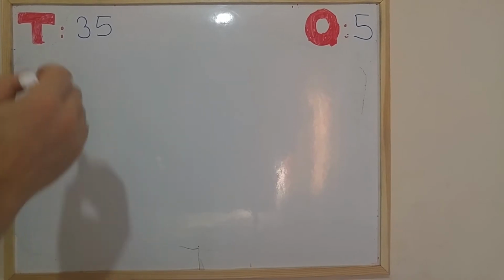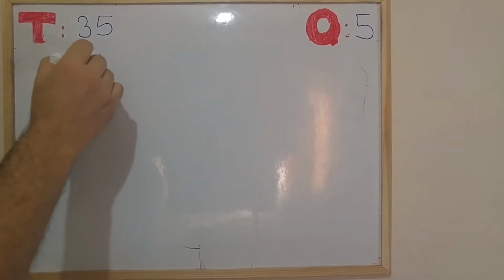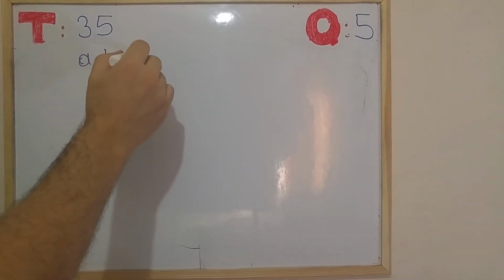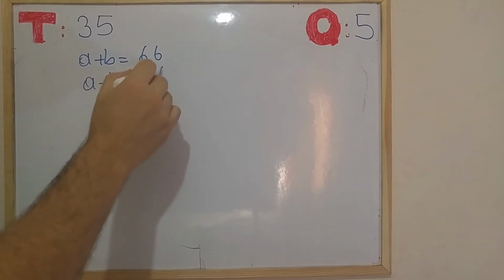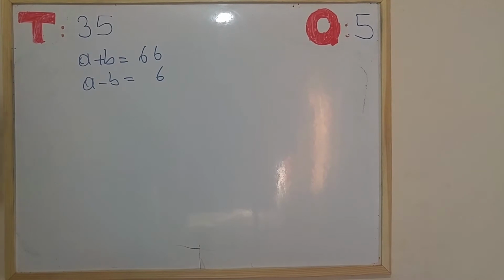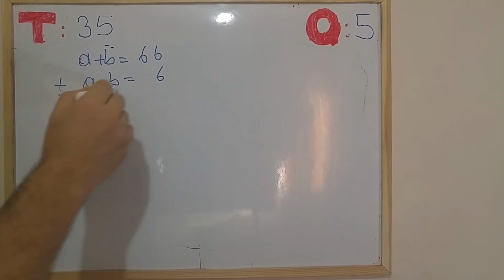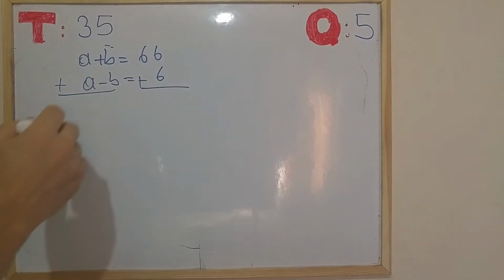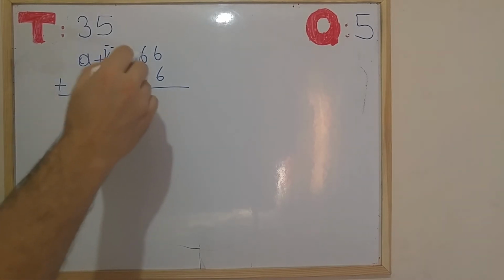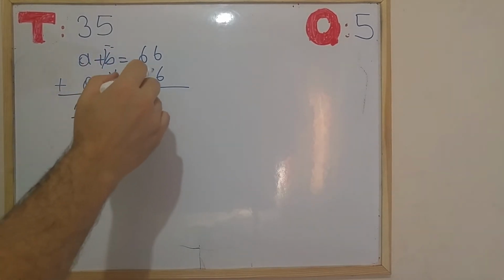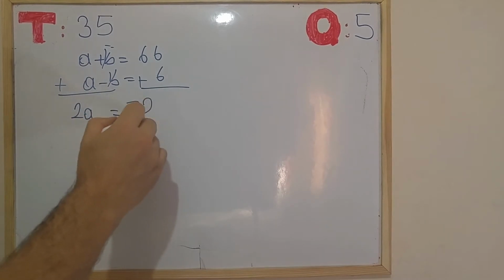I have two numbers, a and b, which sum up to 66, and their difference is equal to 6. They're asking me the smaller number, so I have to find b. Let's sum side by side. When we sum those up, the b's will cancel out, so I'm going to have 2a equal to 66 plus 6, which is equal to 72.